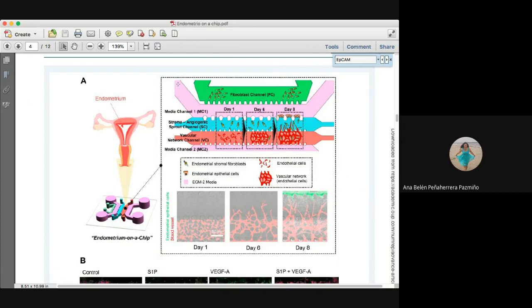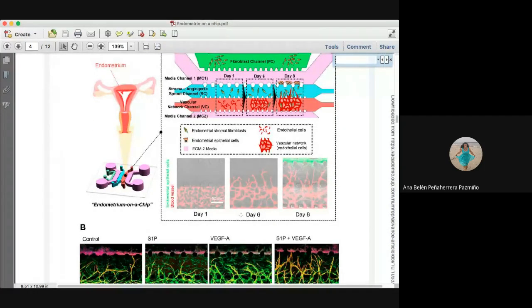And here, the pink channels represent the channel for the medium. And here you see the different layers: the fibroblast stromal channel, the stroma angiogenic sprout channel, the vascular network channel, and another media channel.